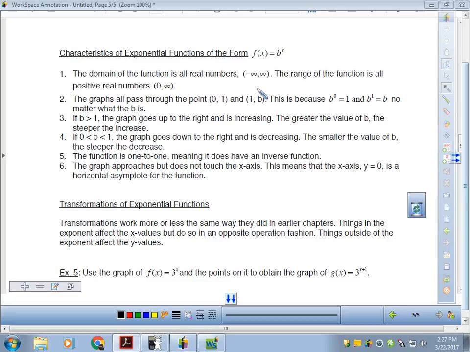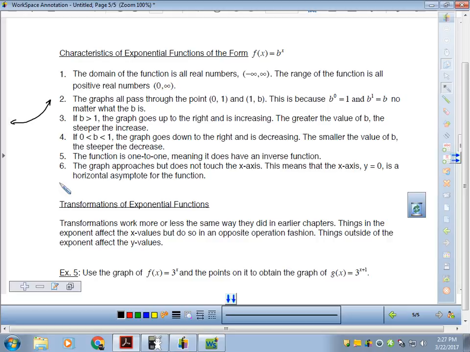Okay, so here's a couple other things. If your base b is bigger than 1, like 2, 3, 4, 5, 6, 7, whatever, then your graph is going to look like this, like what we just did in example 3. It's going up to the right, and it's increasing.